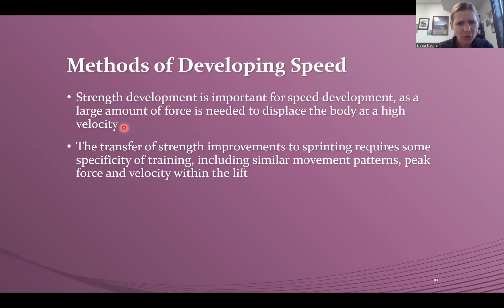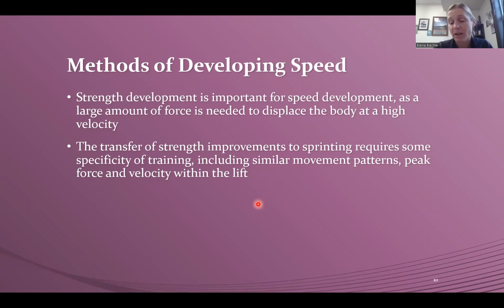Okay. The transfer of strength improvements to sprinting requires some specificity of training, including similar movement patterns, peak force, and velocity within the lift. So again, we can talk about power exercise. We can talk about plyometrics and how those might be specific to what we want to do in a strength regard or in a sprint regard. So thinking about how we can link these factors and prioritize them both so that we are improving somebody's speed.